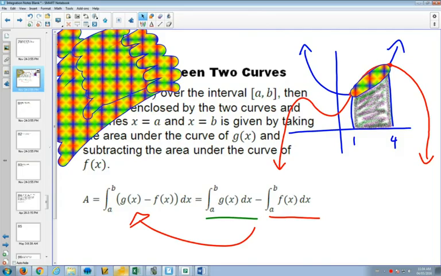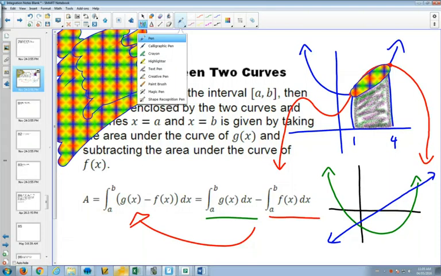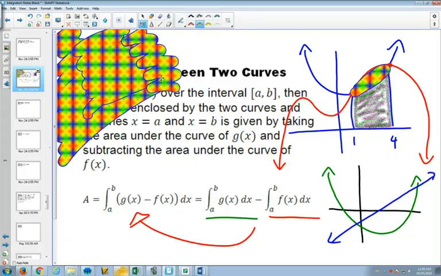One thing that's really nice about the area between two curves is we might have some examples where you have one function like this and one function like that, and the area between them, just because we're having fun with our pens today, we're going to fill this one full of stars.